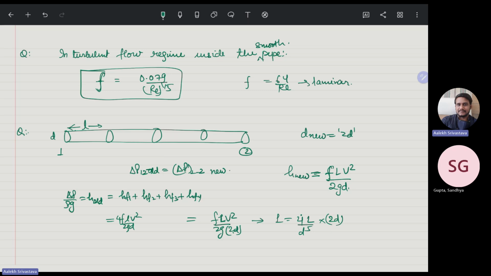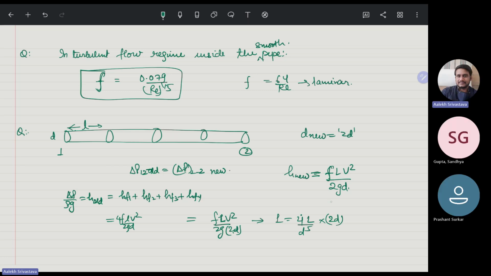Also, you need to convert this velocity to the mass flow, because for both systems the mass flow will be the same. This velocity is mass divided by the area of cross section into rho.